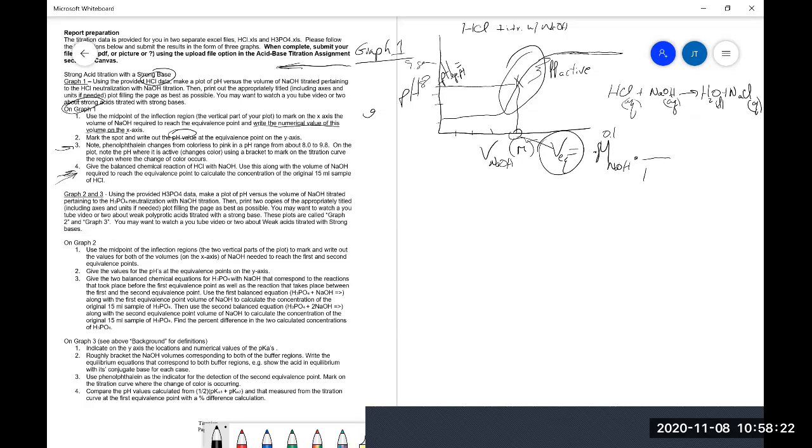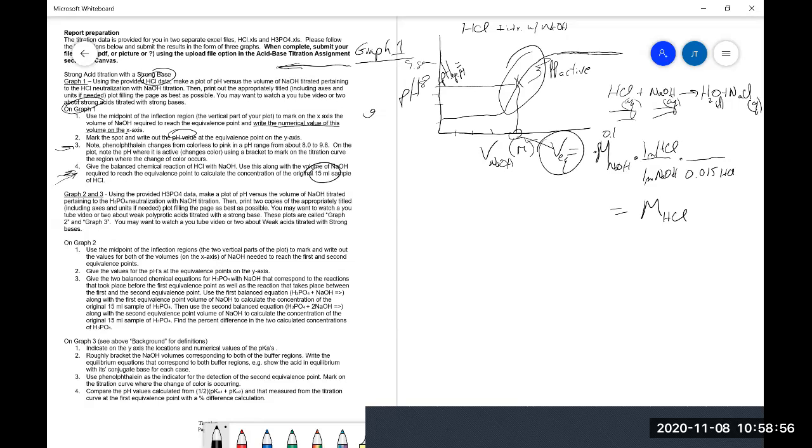I know that for every 1 mole of NaOH, there was 1 mole of HCl, because it's a 1-to-1 reaction. So all I need to do is divide that by 0.015 for that 15 milliliters of HCl sample that was titrated, and so that should give me the molarity of HCl.